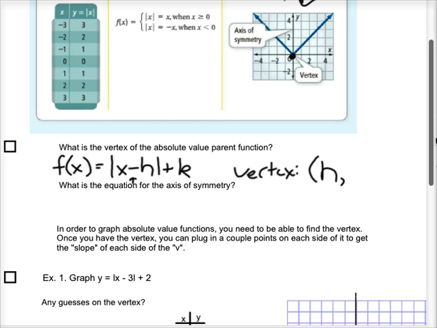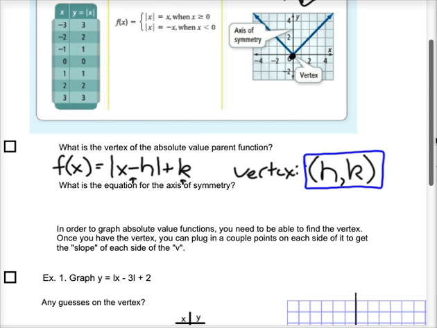And our y value of the vertex is going to be shifted up by this k. Now you may recall seeing this in terms of quadratics. Well, the same thing holds true for absolute value. If you have a vertical and horizontal shift, this ends up being where your vertex lies.